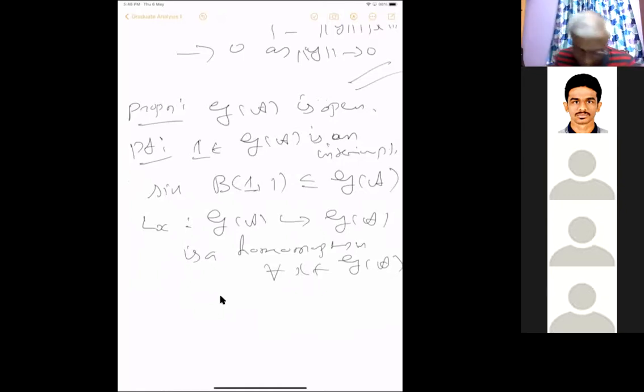So it takes any open set around 1 to an open set around x, which is contained in G of A. Take an open set around 1; L_x will take it to an open set around x, which is still contained in G of A because it's a homeomorphism from G of A to G of A. Okay? So this makes x an interior point.